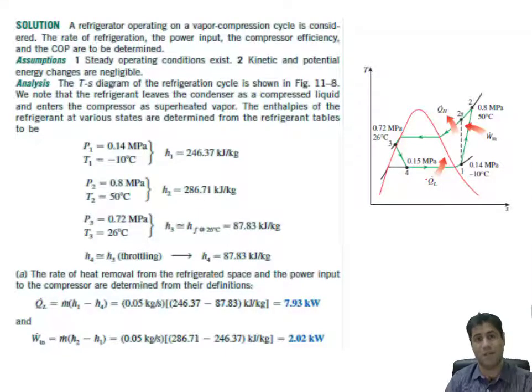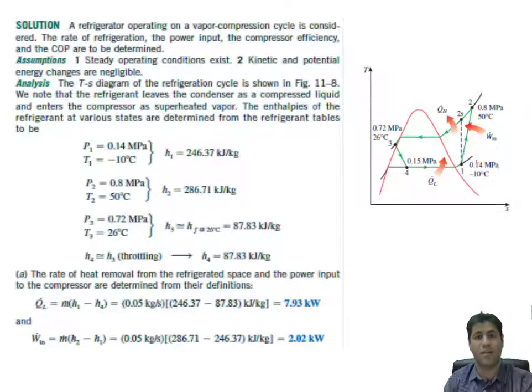It is more or less similar to the ideal cycle, but the difference is, we will see how we can find it, just to illustrate that, you can see state 1 is not on the saturated vapor line, and state 3, which is after the condenser, is not on the saturated liquid line.